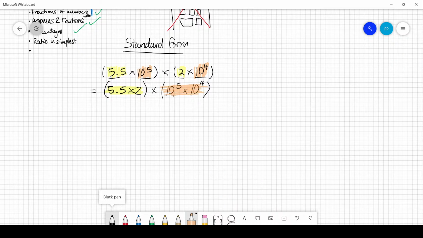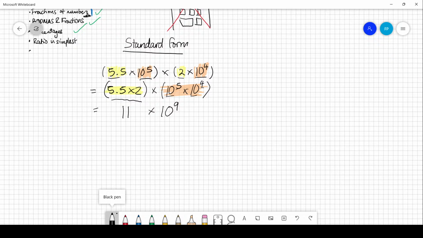This will also tie into your laws of indices. When we have two numbers with the same base, like 10 here, and they're multiplied, you will add these powers. So you'll get something times 10 to the power of 9. Looking at this bracket here, highlighted in yellow, 5.5 times 2 would be 11. Now, is this written in standard form? Would they allow this as your final answer?